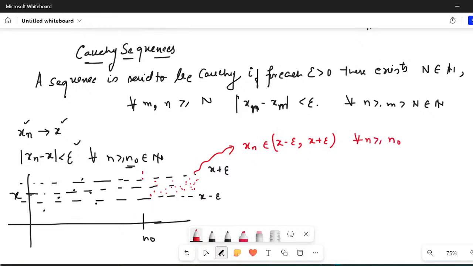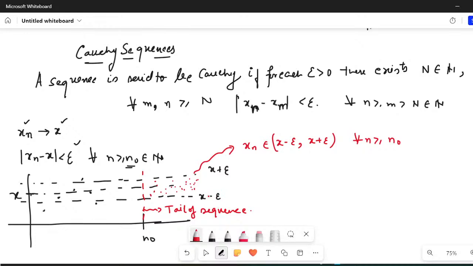This is sometimes referred to as the tail of the sequence.